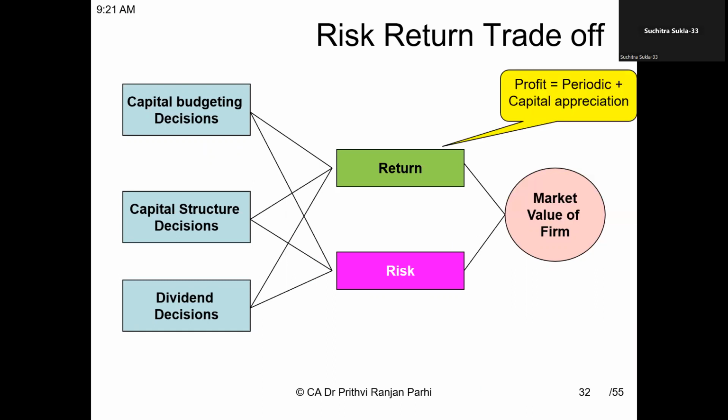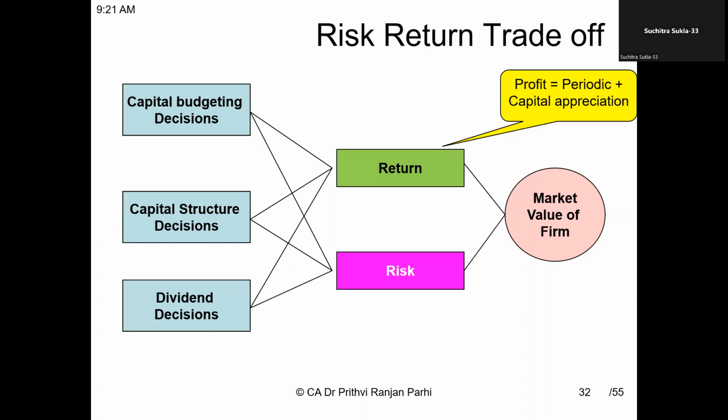Return means periodic return plus capital appreciation. For example, let us say you are buying a house. What is the return? If you are getting monthly rent, that is your return. But in addition to that, the value of the house is also getting appreciated. Suppose you had purchased it at 40 lakh, it may become 50 lakh. That 10 lakh appreciation is also your return, right?